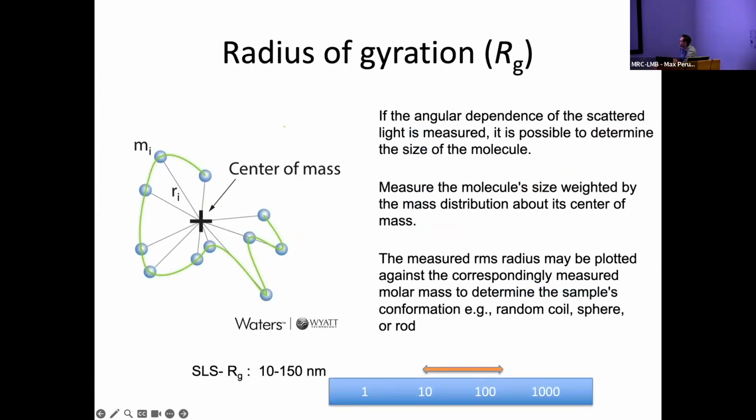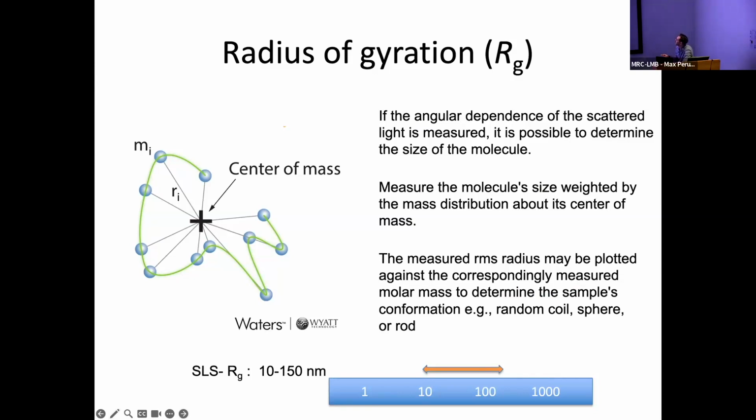So we can see if it's a random coil, or if it's more sphere-like, or if it's forming a coiled coil and more like a rod shape. This radius of gyration is useful between 10 and 150 nanometers radius. So it's sort of limited in range, but it falls into the range of a lot of complexes.